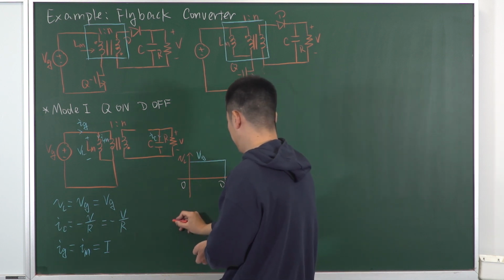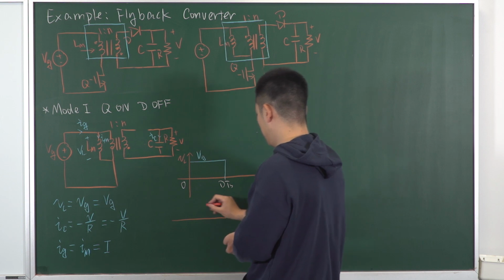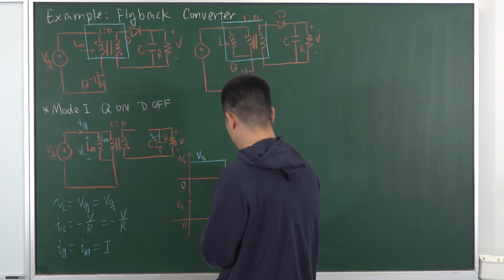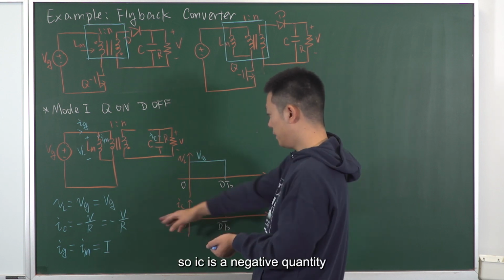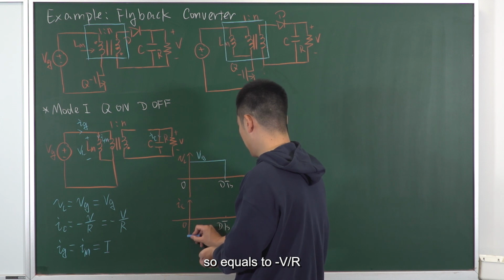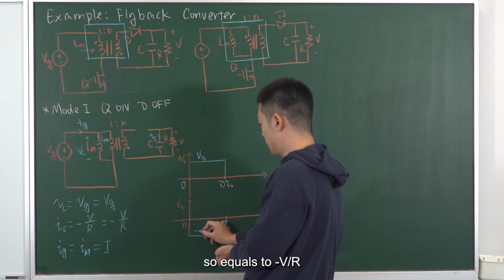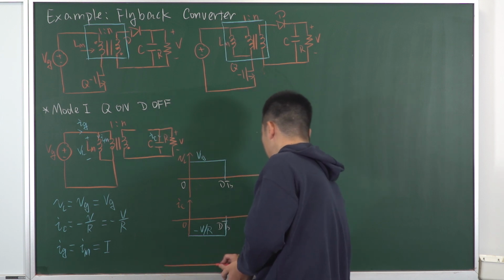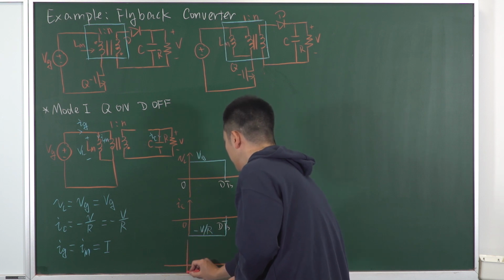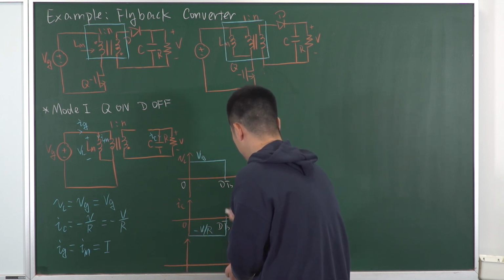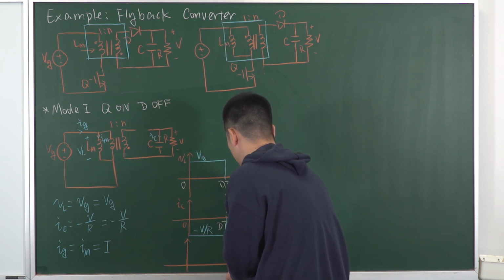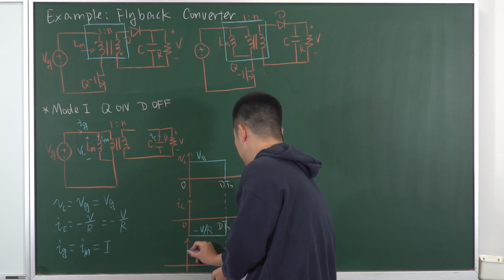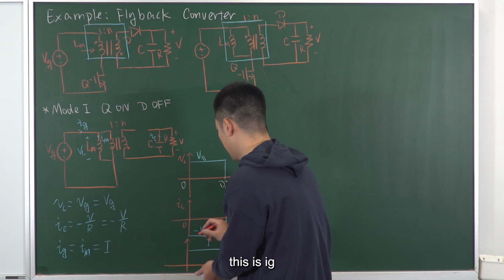And IC is a negative quantity, so it equals minus V over R. Third one is the input port current, which is a positive quantity. This is the input current.